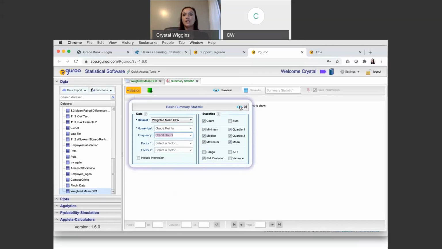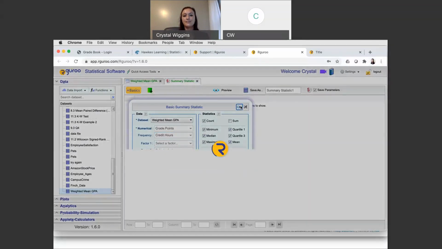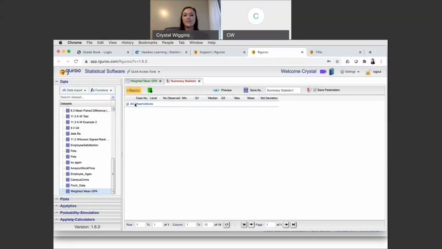I'm going to hit my little eyeball now. I'm going to click on all observations, and here's my weighted mean. It's weighted because I selected a numerical variable and a frequency variable. If I just wanted to calculate a straightforward mean, like those problems where we were looking at test grades, it was just one set of data, the test grades, not two columns, then I would just be selecting test grades for numerical in this basic screen.